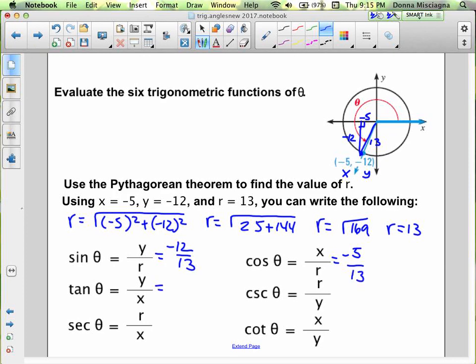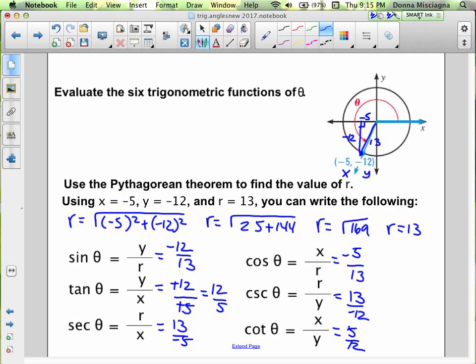Tangent is y over x, so that's negative 12 over negative 5. Two negatives, those negatives cancel. That's positive 12 fifths. Cosecant, reciprocal of sine, is 13 over negative 12. Secant, reciprocal of cosine, is 13 over negative 5. Cotangent, reciprocal of tangent, is 5 over 12.